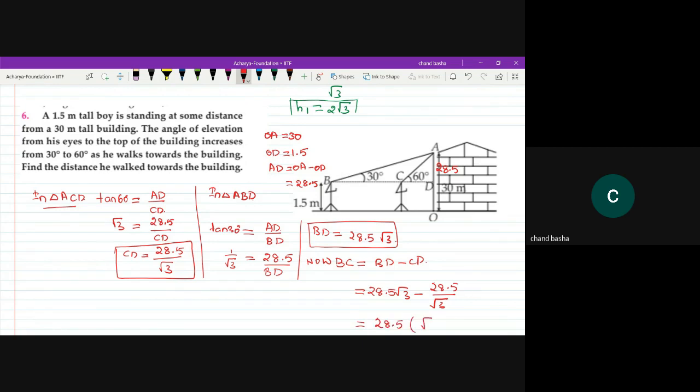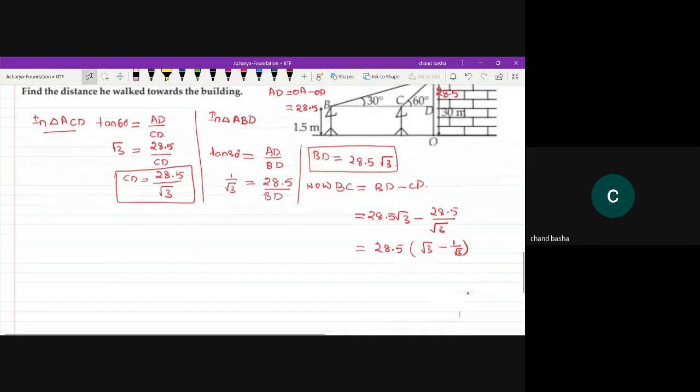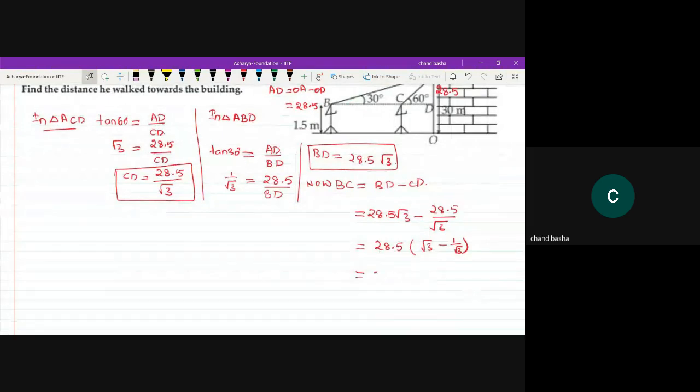It should be root 3 minus 1 divided by root 3. Take LCM, root 3 into root 3, that is 3 minus 1 divided by root 3. So it should be 28.5 into 2 divided by root 3.